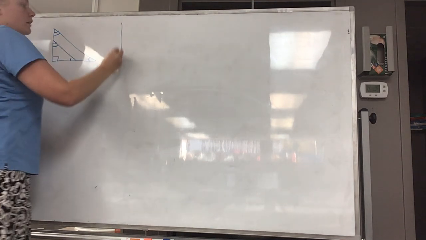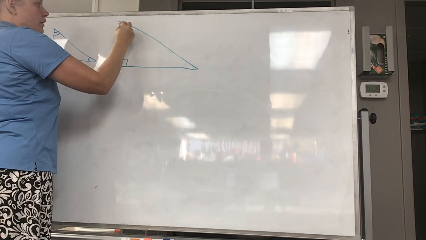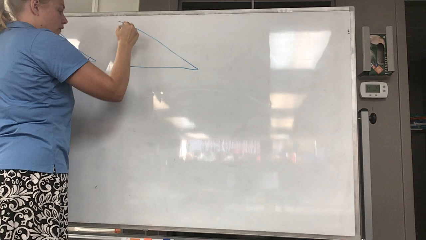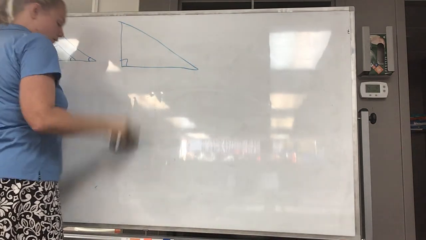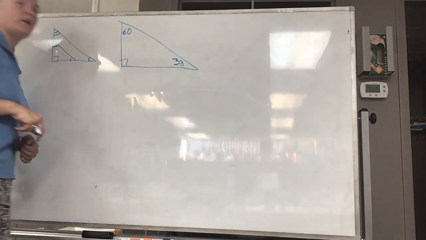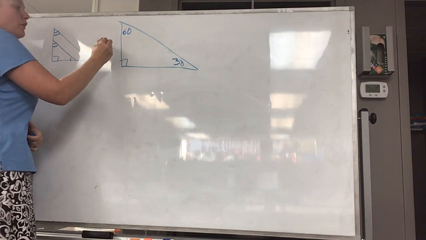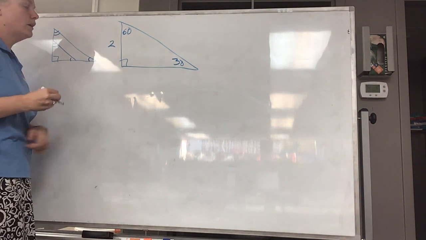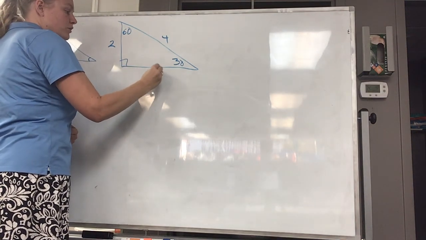If I make it a very famous 30, no, that should be the 60, 30, 60, 90 special right triangle that we talked about. The side pattern follows: if this is 2, this is twice that, 4, and this is 2 times the square root of 3.